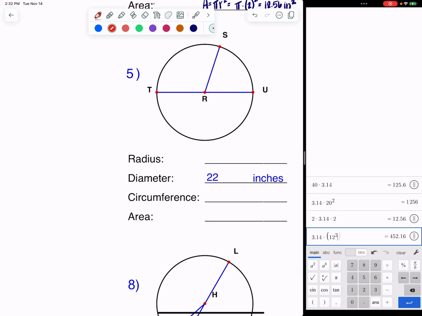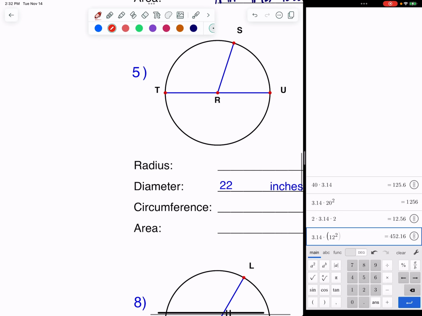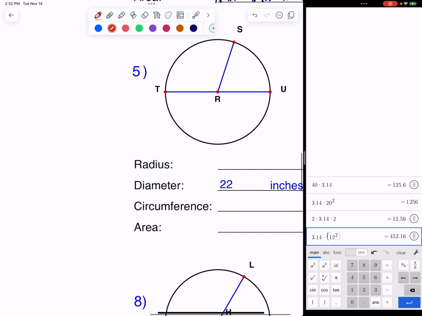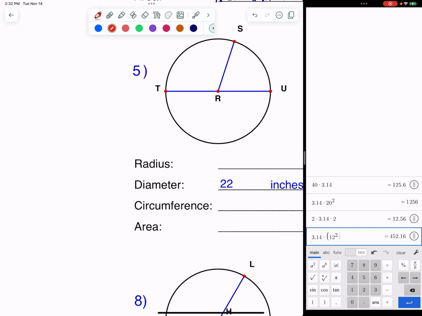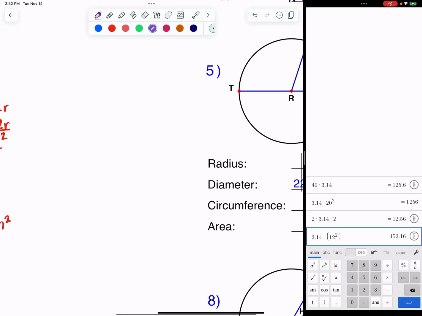This is another one. They're given diameter. My suggestion would be to pause the video, see if you can find radius, circumference, and area, and then start it up again to check your work. I know that diameter is 22 inches. I'm going to find the radius first. So I'm going to come over here to my scratch work.